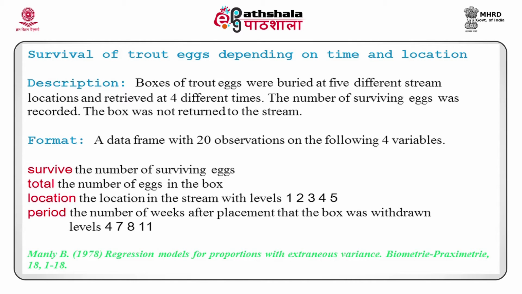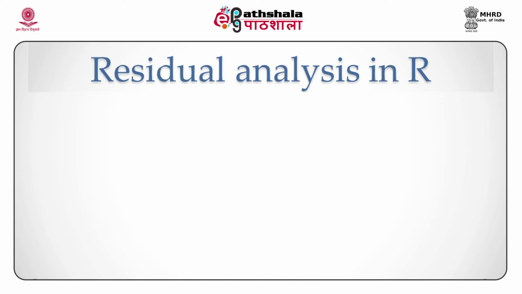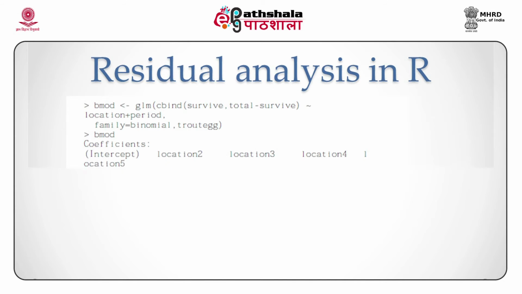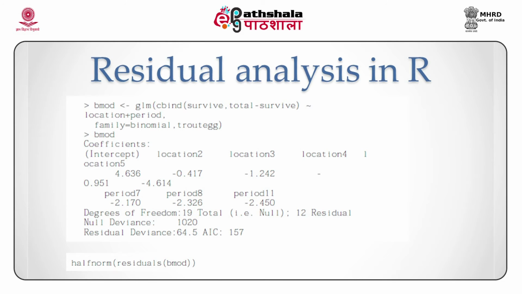For more, you can look at the library faraway and the troutegg data set, or the reference to Manly given at the bottom of this slide. To perform residual analysis in R, we first use the glm function to fit a logistic model of survive on location plus period.